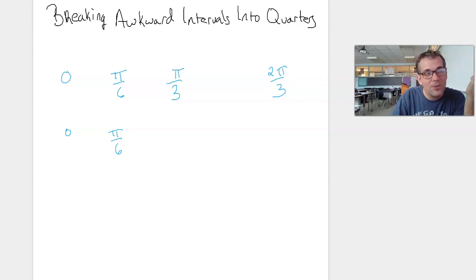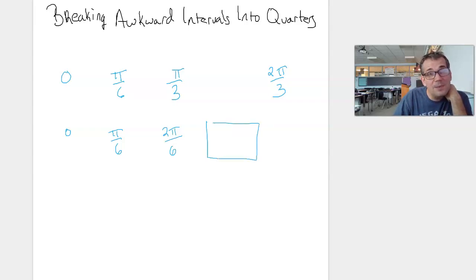So pi over 3 is the same thing as double the numerator, double the denominator. I don't know what this one is yet. If I want to make this be over 6, double the denominator, double the numerator, and you can see the pattern: 0, 1 pi over 6, 2 pi over 6. This must be 3 pi over 6, which reduces to pi over 2.